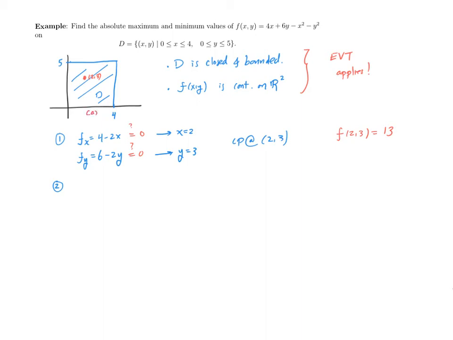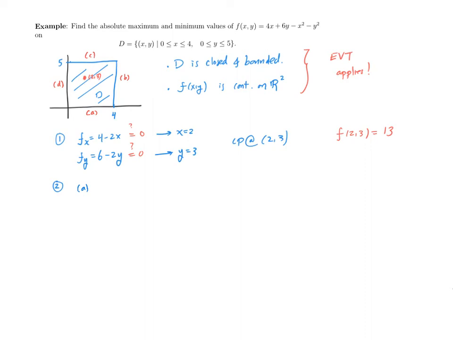So I'm going to enumerate the sides. We'll say side A, side B, side C, side D. And unfortunately, we're going to need to go through and do a separate calculus 1 problem for each of the 4 sides of the rectangle. And let me repeat that and let it sink in. We need to do a separate Calc 1 problem on each side of this rectangle.